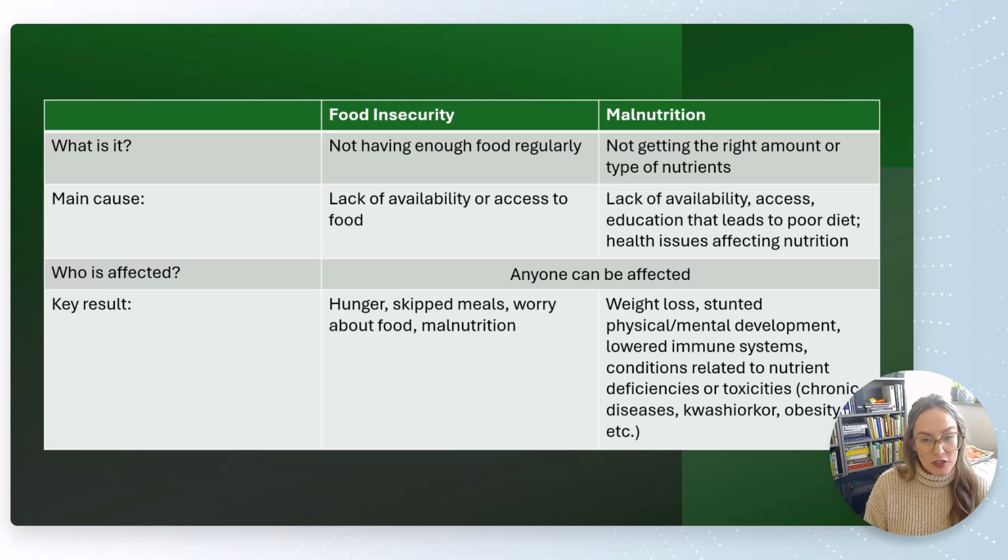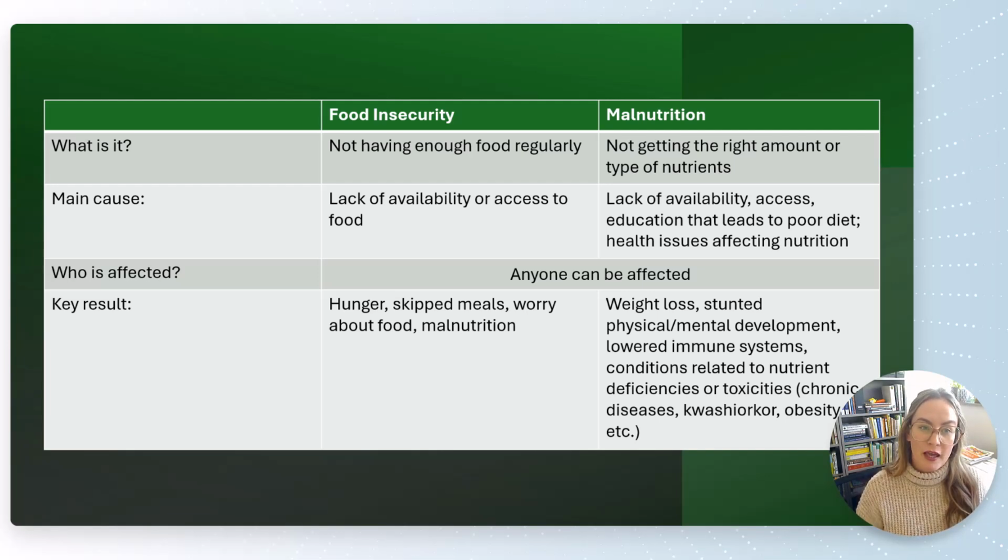The main cause of each of these, for food insecurity, it's lack of availability or access to food. So either food is not available in my community, or even if food is available to my community, my access might be limited. Either that's a financial issue, right? I don't have enough money to purchase the food that is available, or maybe a transportation issue. I can't get to the market to purchase the food.